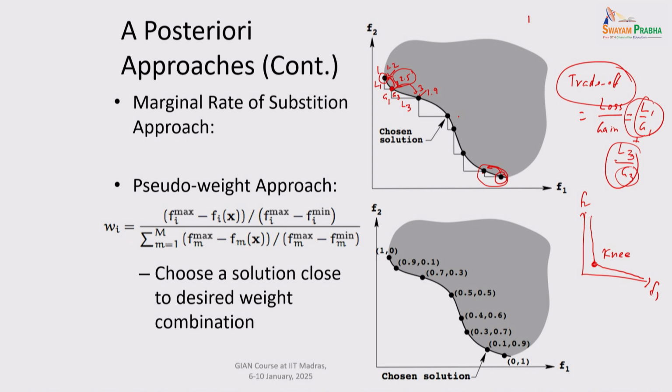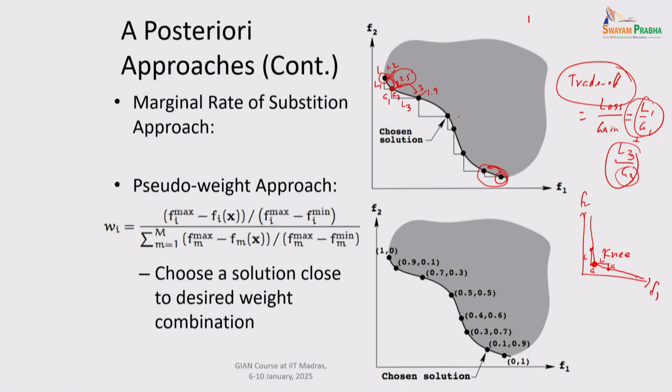So if from here you take a neighboring point, how much you are sacrificing versus how much you are gaining. Again, this is your gain, this is your loss. If you come to another neighboring point, this is your gain, this is your loss. You see, the loss is always bigger than the gain, either way you go. So this point will have a very high trade-off value. The loss is much higher than the gain.